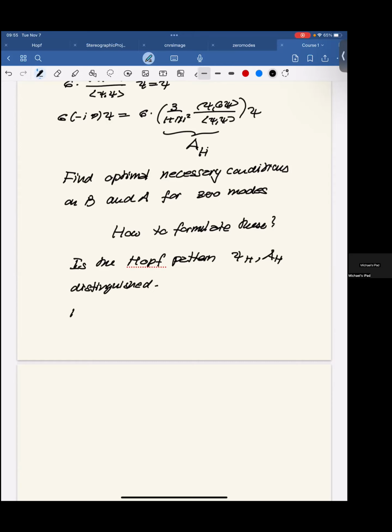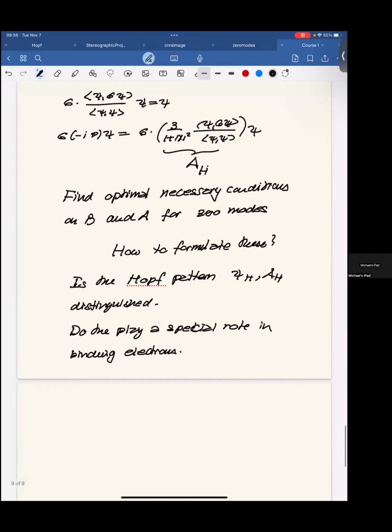Do they play a special role, a special role in binding electrons? Okay, so this is the question which comes up in a natural way here, right?